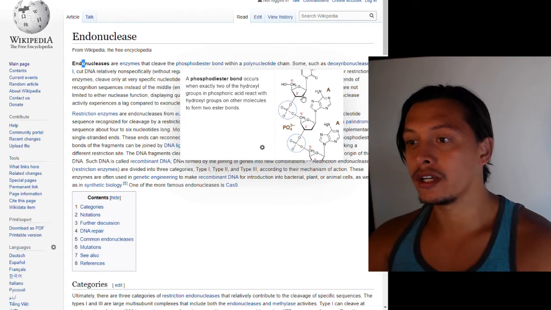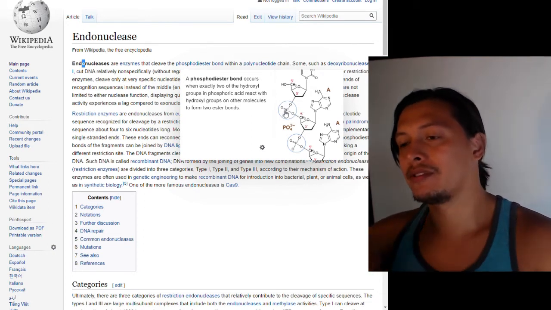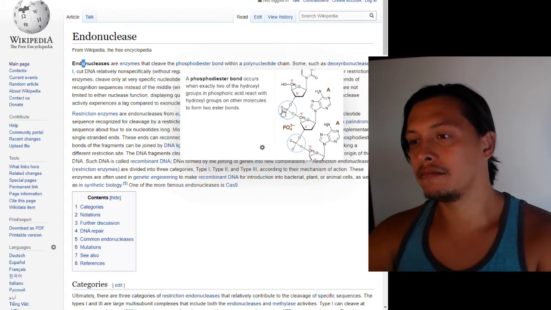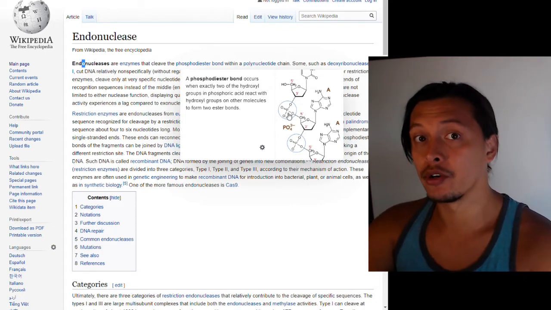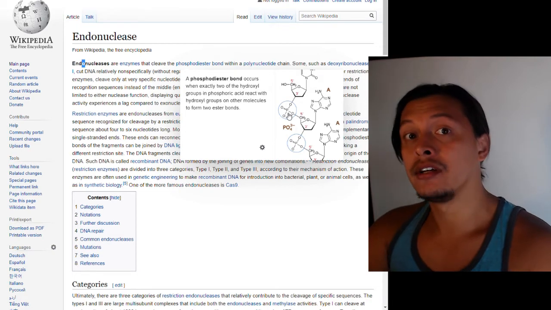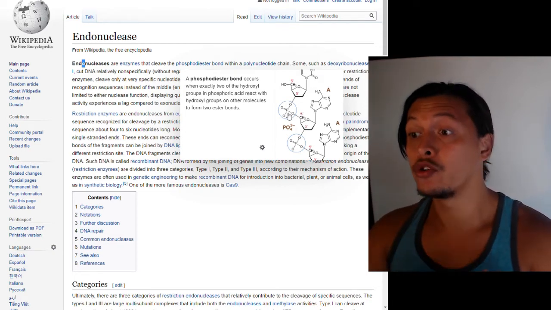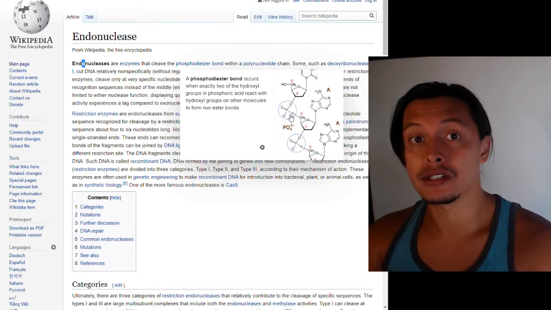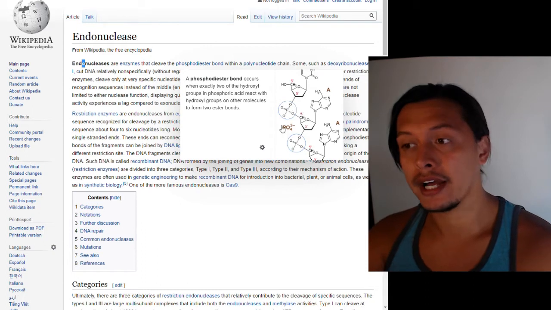These bonds are between the alcohols that were originally on the ribose and the phosphate group, which is sort of like an ester group in some way. And if you're not familiar, an ester group is a carboxylic acid that has reacted with an alcohol to create a normal ester group, but this is a phosphate group instead of a carbon group, so it's a phosphoester, and in this case it's a phosphodiester bond.